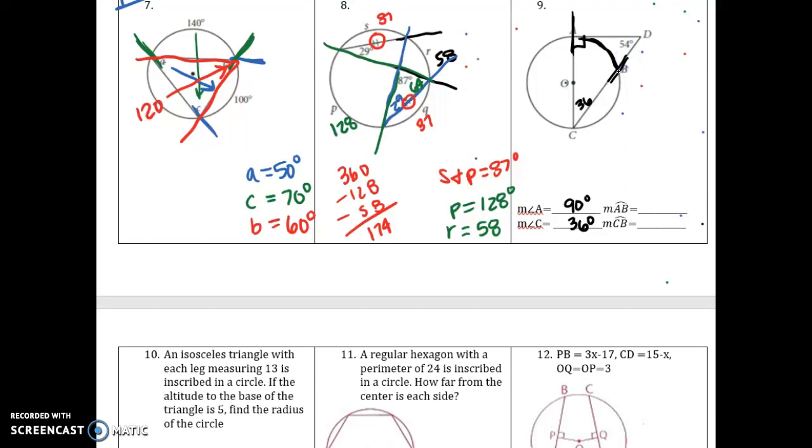So double 36 would be 72. And then to find CB, since this is a diameter, which means we have a semicircle, we can do 180 minus 72 and get 108.